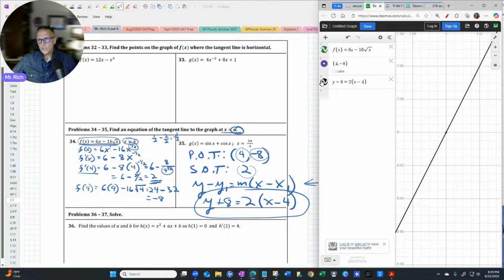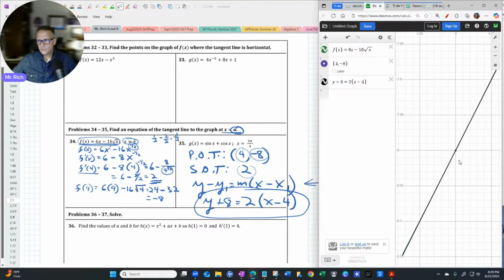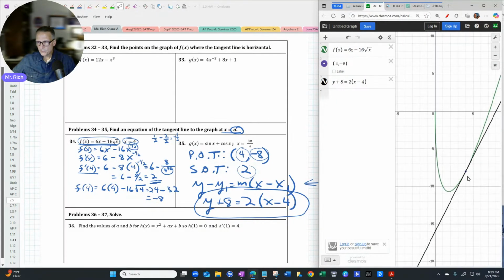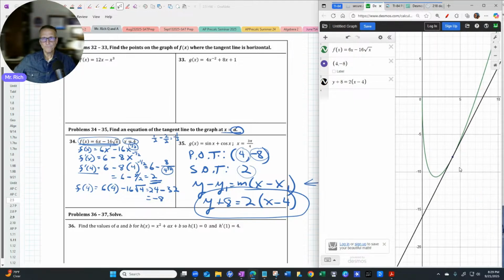If I turn the black line off, you will see the green curve, and then turn it back on. So you can see they're superimposed on top of each other. It's not until you zoom out that you can see that they are separate functions. There you go. But that shows you how you find equations of tangent lines.